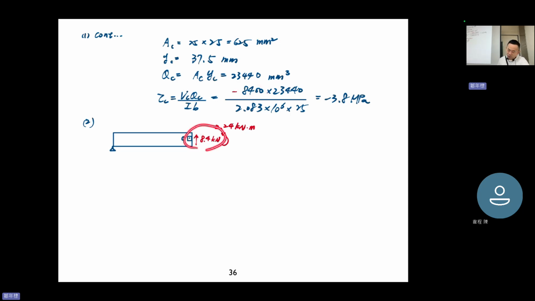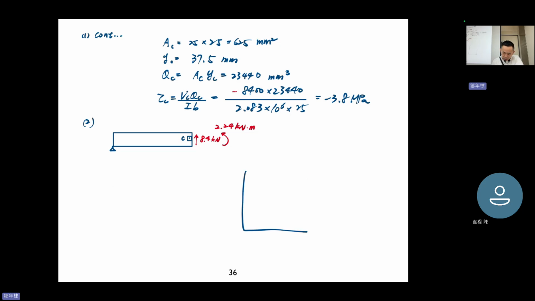Sorry, I wrote too quickly, and I should have given you a bonus chance. And then the moment is 2.24 kN·m positive, so it makes a happy curve, a smiling curve. Now we know the direction of the 8.4, shear and moment.